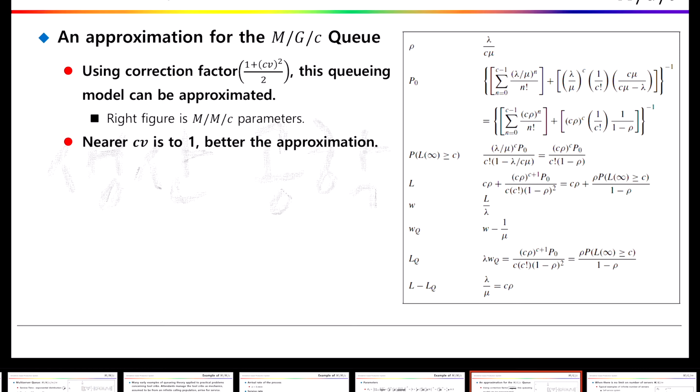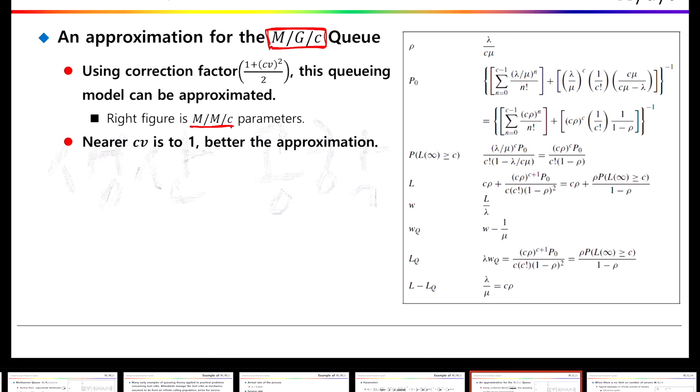It means that the indexes of this queuing model, MGC, can be approximated by use of the MMC model.